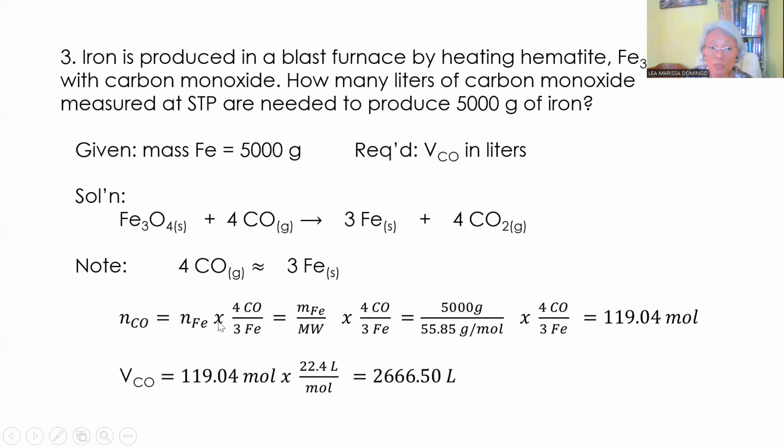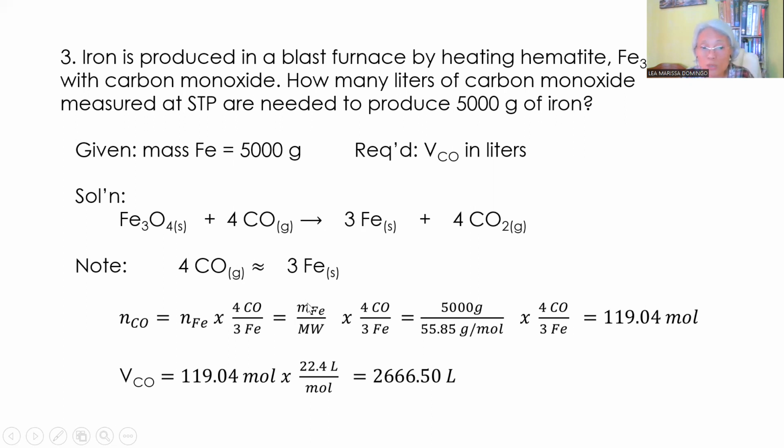So ito yung magre-represent sa number of moles of carbon monoxide equivalent to 5,000 grams, no? So yung number of moles of iron, masosolve natin, no? We can solve that by dividing the mass divided by molecular weight and multiplying that with 4 moles of carbon monoxide upon 3 moles of iron.